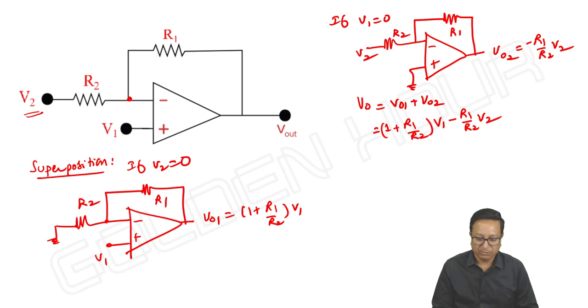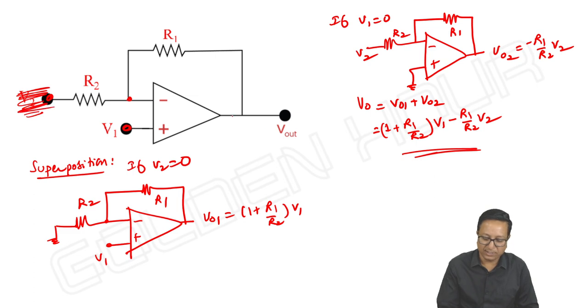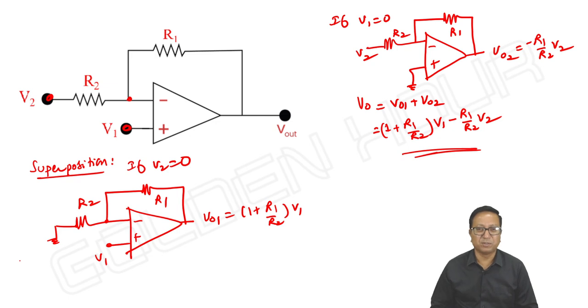So whenever you have two inputs, once you know the voltage here and here, directly I will be writing this equation. Just mask one input and take the output, and next mask the other input and take the output. For two inputs, it's better to use superposition sometimes.